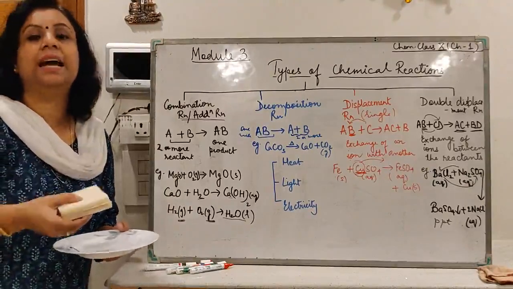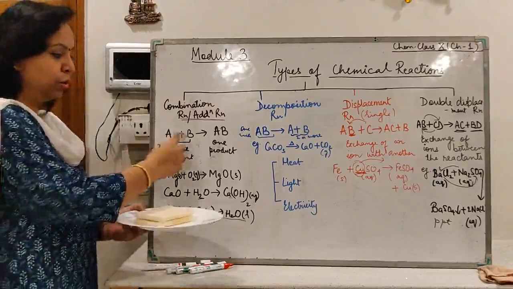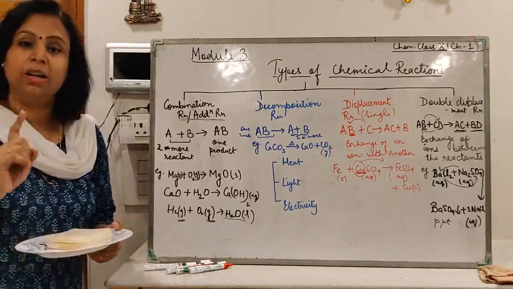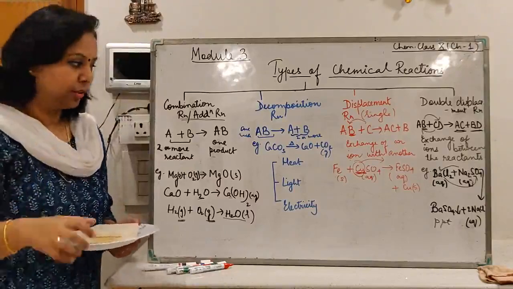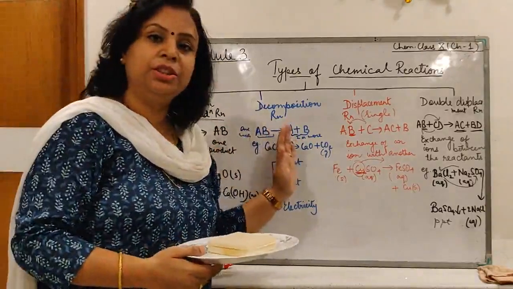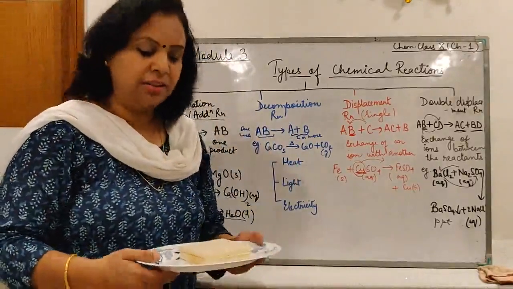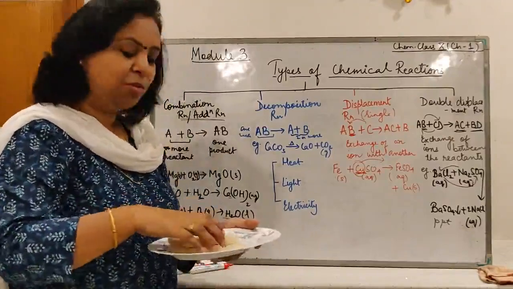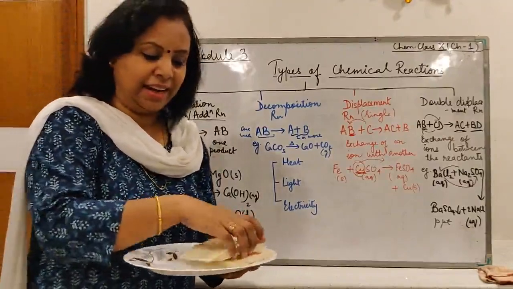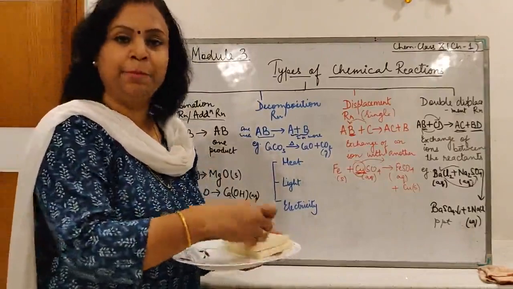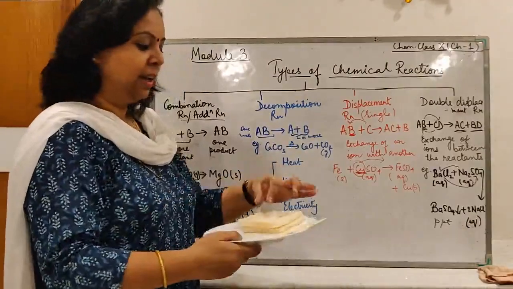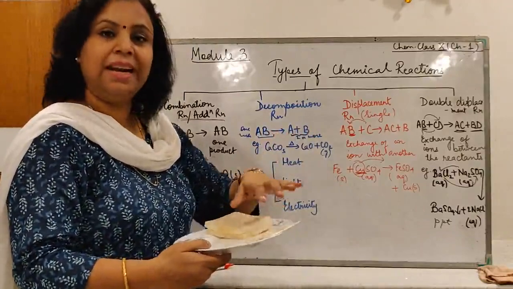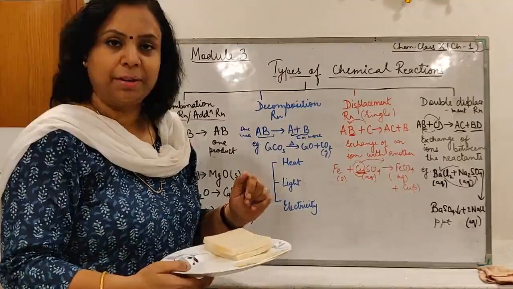This is a sandwich. So, bread plus cheese, it forms one product which is a sandwich. Decomposition reaction, just the opposite. There is a sandwich AB, and I break it with the help of some energy, and I make these two, A and B, separate. Bread and cheese are separate.